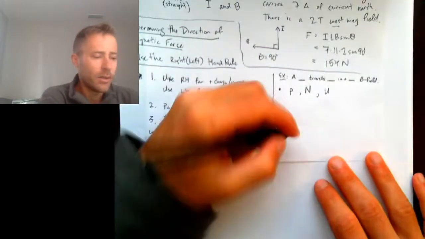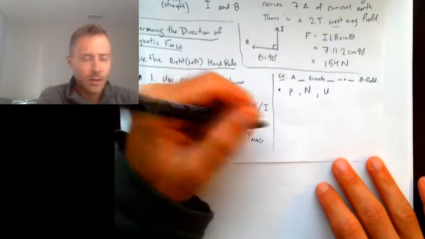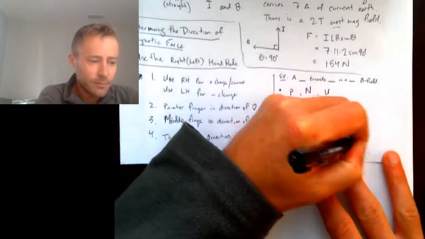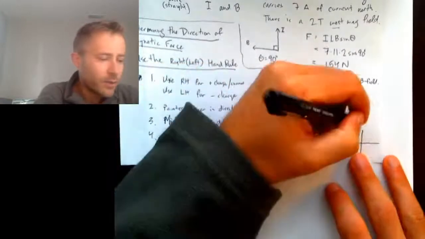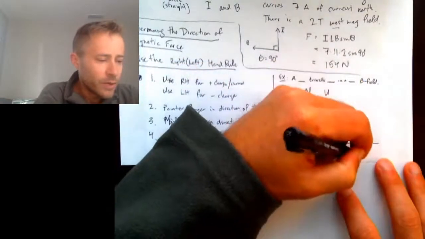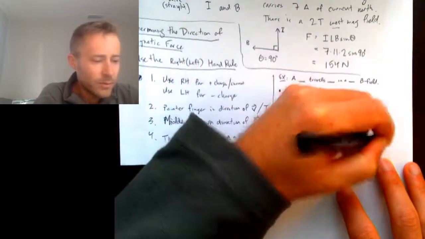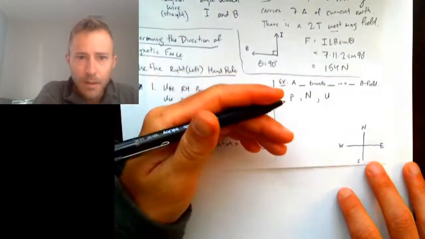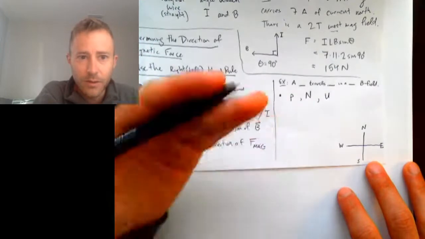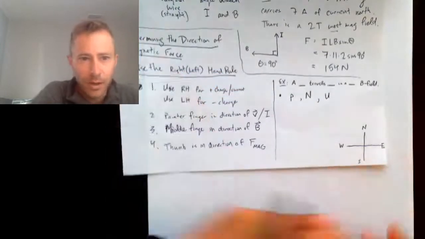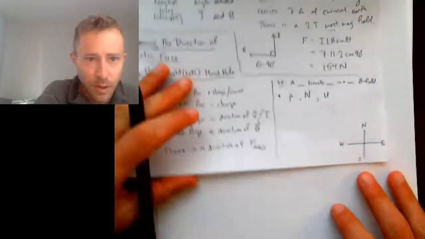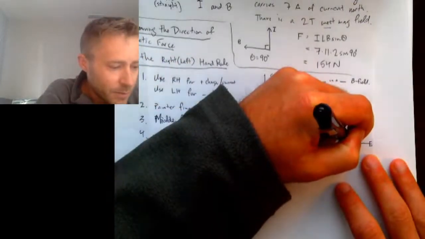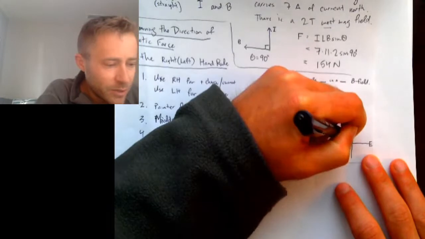What you want to do for these problems is draw a compass rose. So I have north, south, west, east, and furthermore, magnetic field problems are inherently three-dimensional. So we are going to have into the page is down.